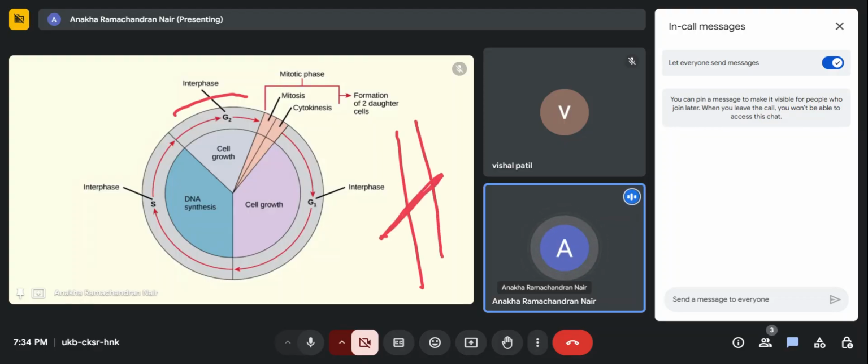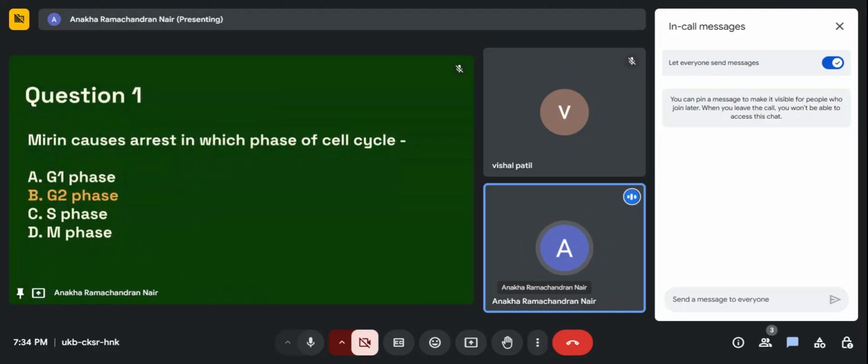There is a particular way the cell repairs the double-stranded breaks in DNA, and unless it can repair all the double-stranded breaks, it cannot move from the G2 phase to mitosis, right? So since mirin causes the cell not to be able to repair double-stranded breaks, the cell cycle gets stuck in the G2 phase. So the correct answer for this question is G2 phase. All right, any doubts?